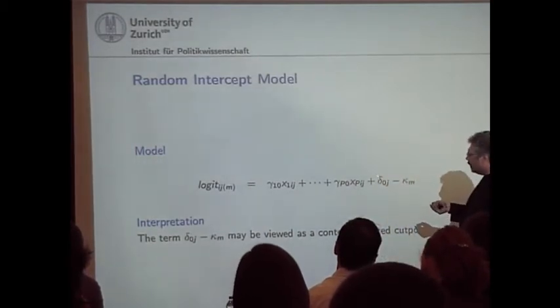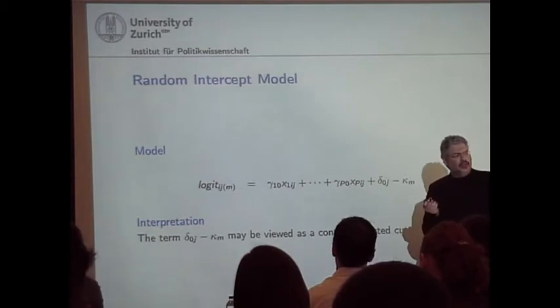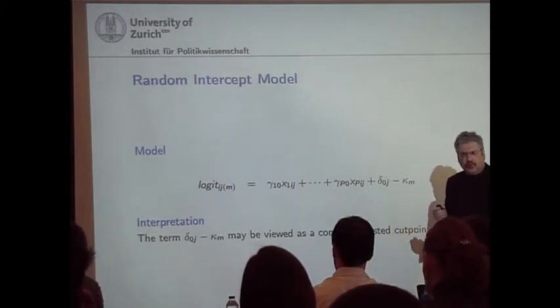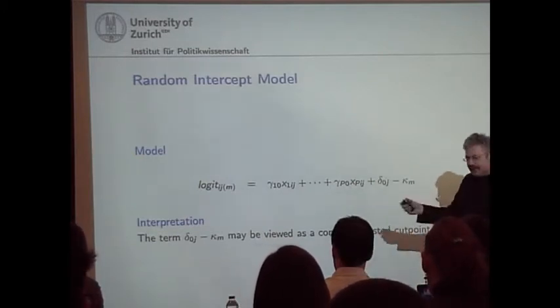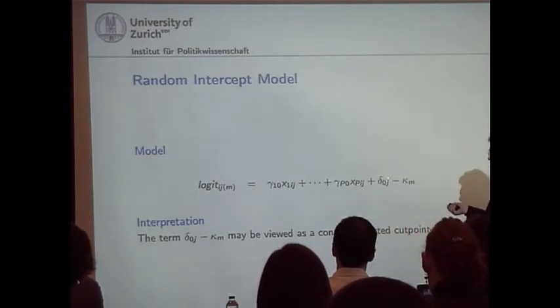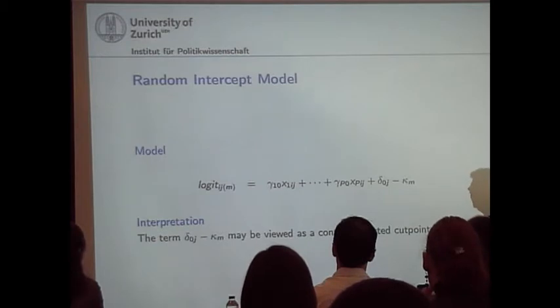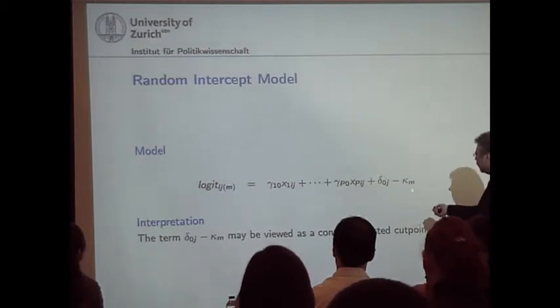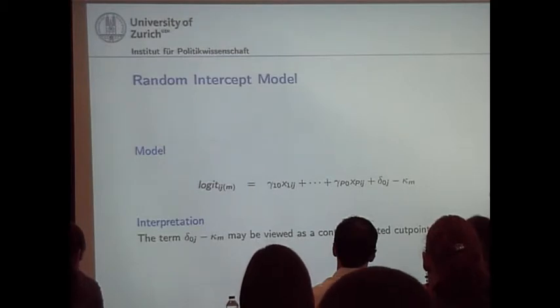The only thing that is now different from the model that I presented before, aside from the fact that we have another subscript here, is the fact that we have this delta 0j added. You can think of this last term, this delta 0j minus kappa m, as a context-adjusted cut point.